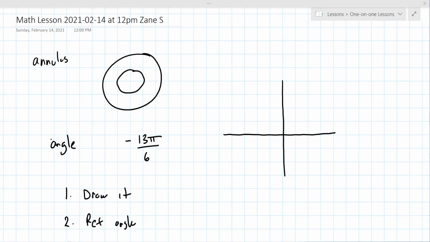Okay. Do I have a good pencil? Let's see. Give me 1 second. I'm gonna grab a good pencil. You done?